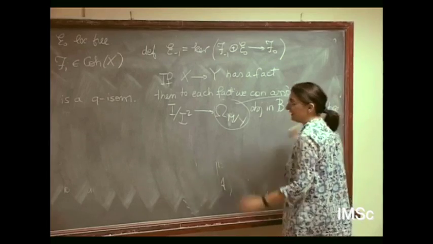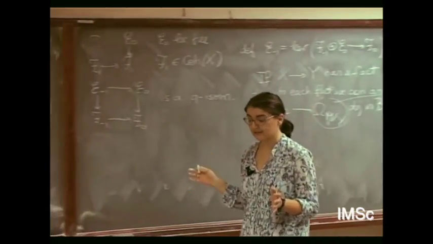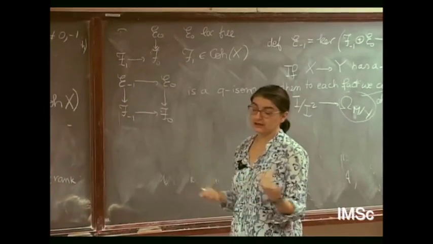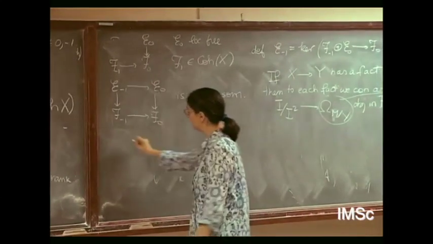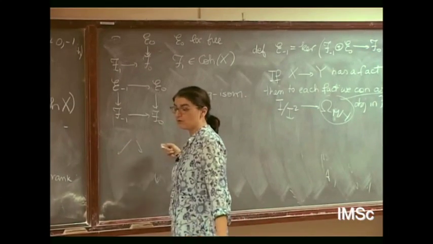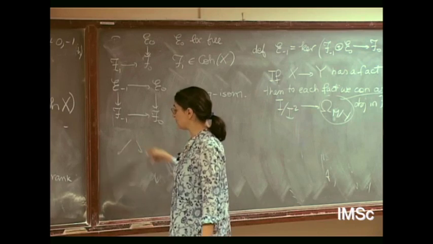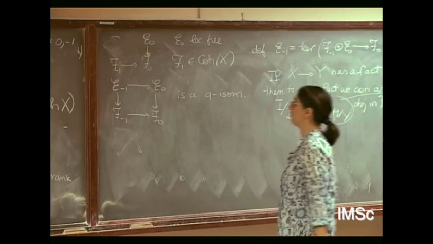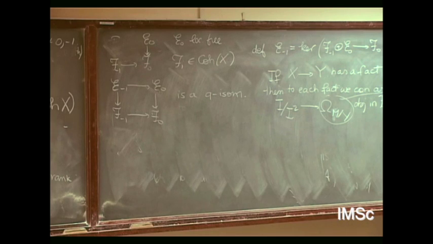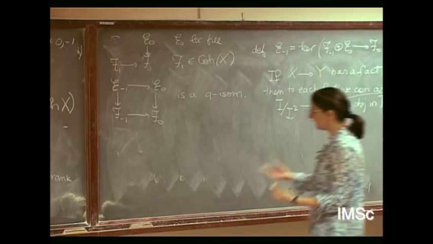So we are really in the simplest of simplest cases, and changing the factorization gives me a diagram like this, which is well known to be a quasi-isomorphism, which therefore defines a natural isomorphism in the derived category. So this is the situation.